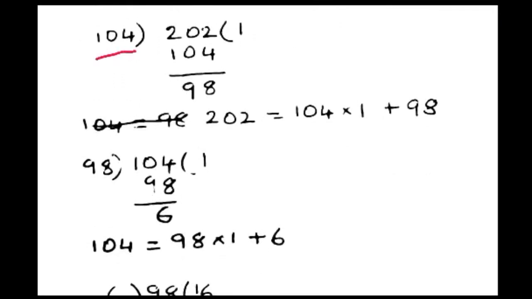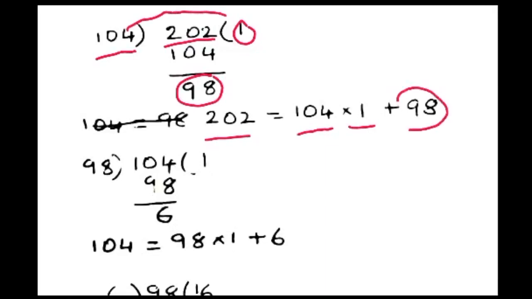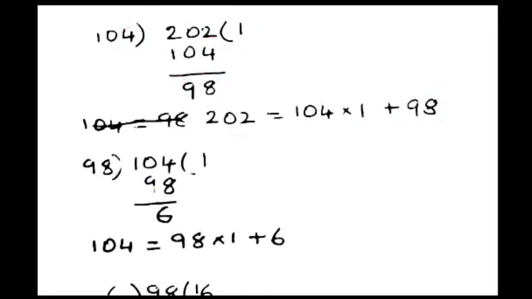So 104 is the divisor, 202 is the dividend. So quotient is 1 and remainder is 98. Therefore, dividend 202 equals divisor 104 multiplied by quotient 1 plus remainder 98.